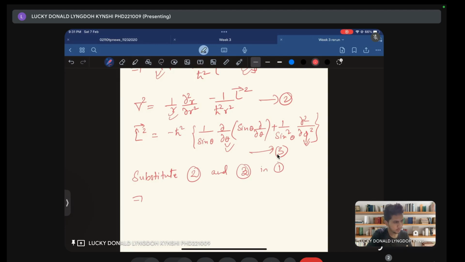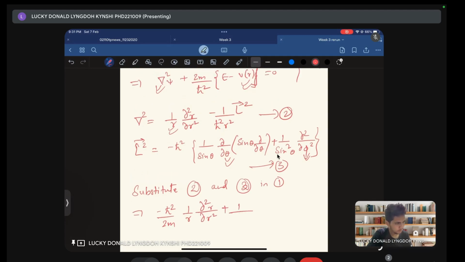You will get something like minus h cross square by 2m, then 1 by r del square divided by del of r square, and the minus will become plus, right? So we get 1 divided by 2m r square L square plus V of r, psi of r equal to E psi of r.